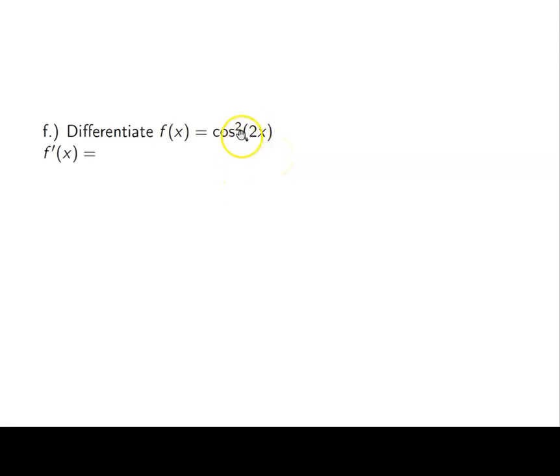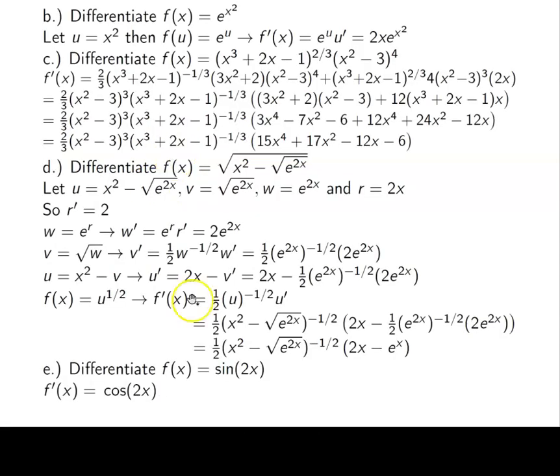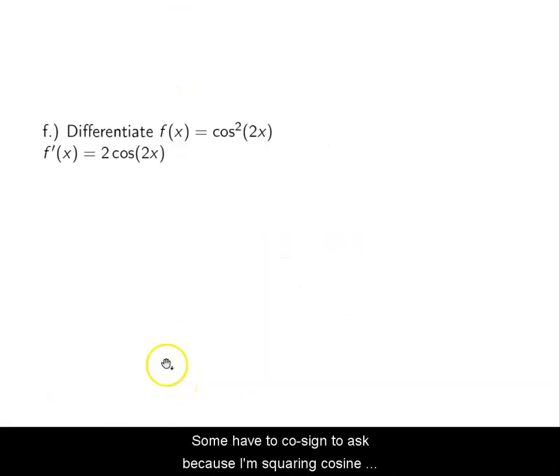So I'm going to have 2 times cosine of 2x because my most outer function is the square function. I'm going to multiply that times the derivative of cosine of 2x, which we didn't just do, but it's very similar, right? So that derivative, the outside function, is the square function.